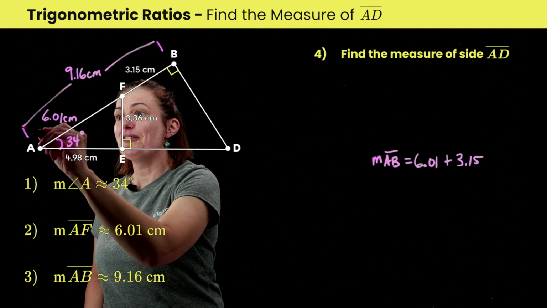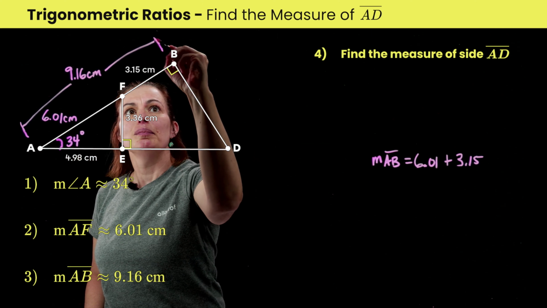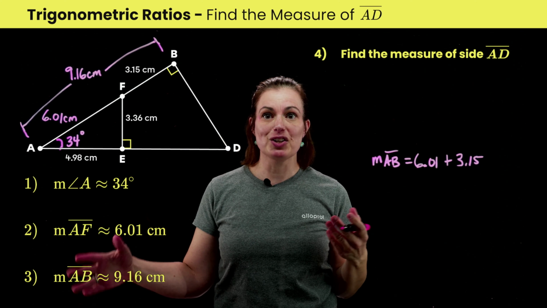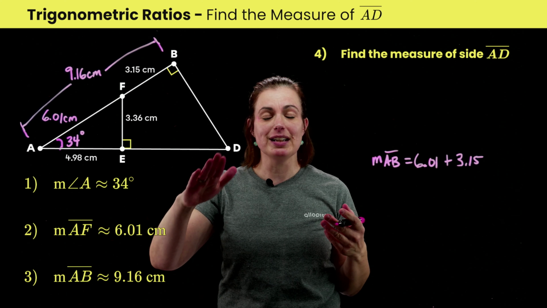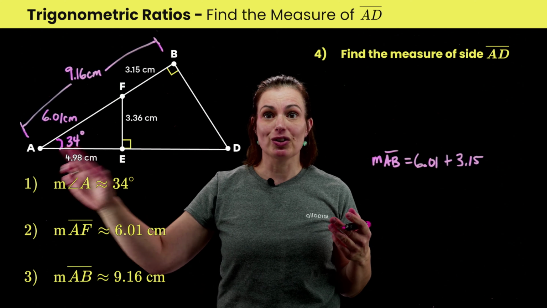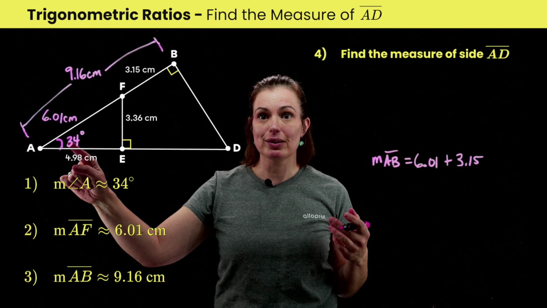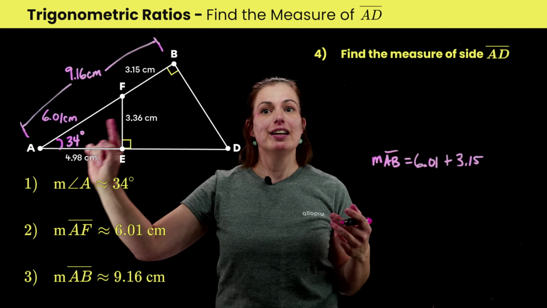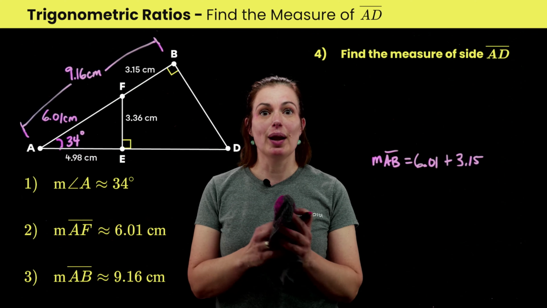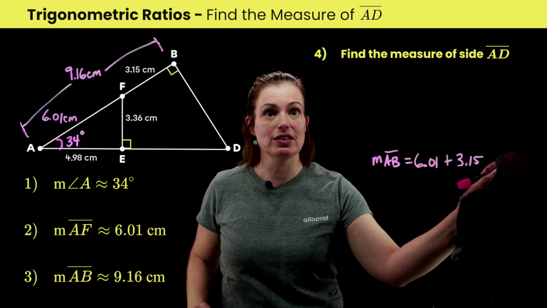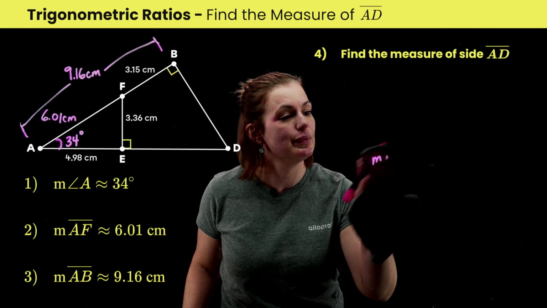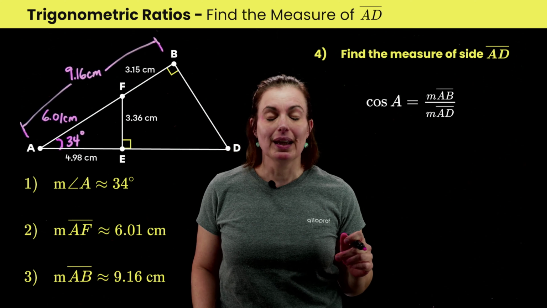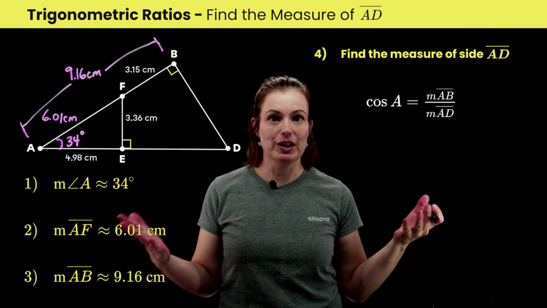And this is perfect because that is now giving me enough information on my bigger triangle ABD to find my missing measure AD. So I have the common angle, 34 degrees, and I have this leg here, 9.16. So I am going to go ahead and use that to find the measure of AD. This time, it'll be the cosine ratio that I'm going to use.